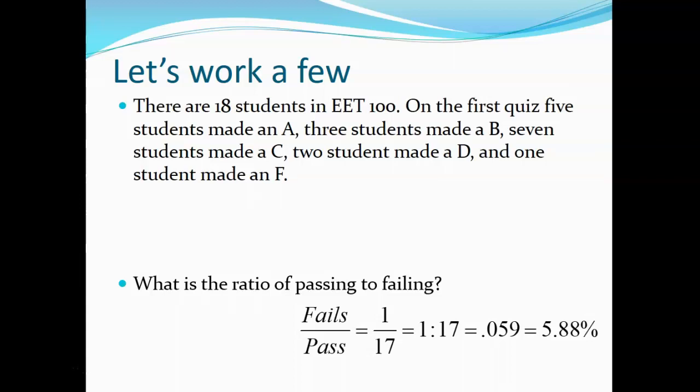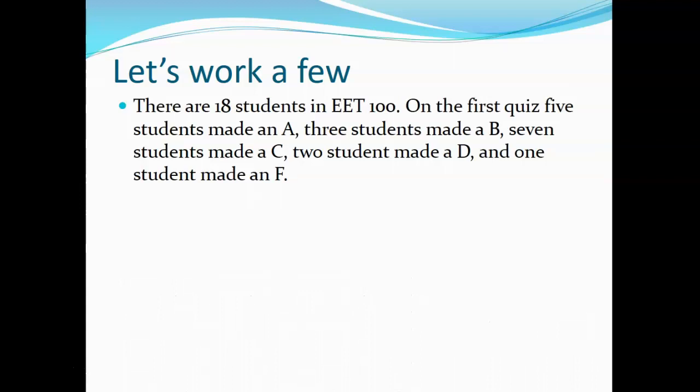So you would subtract that from your total. So the ratio of passing to failing, you have 1 fail, 17 pass. You have a fail rate of 5.88%, which doesn't sound very good, but it is what it is.